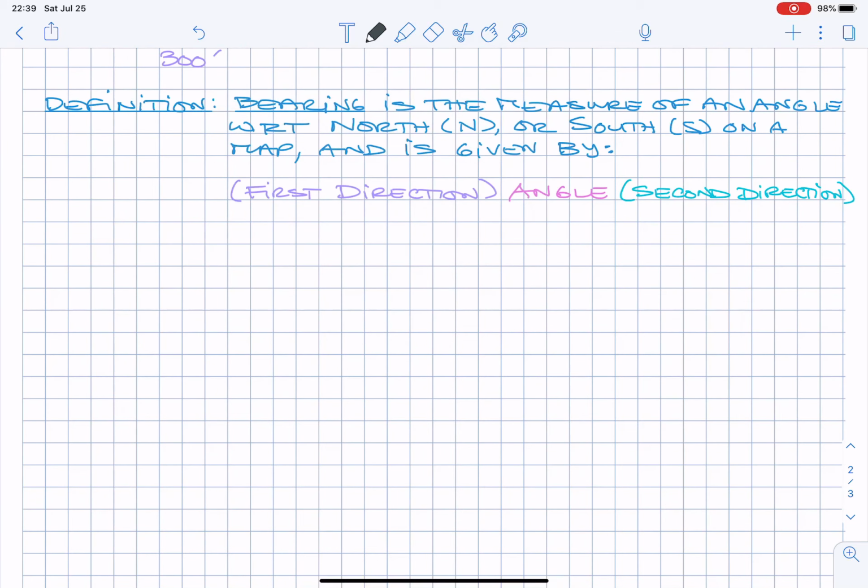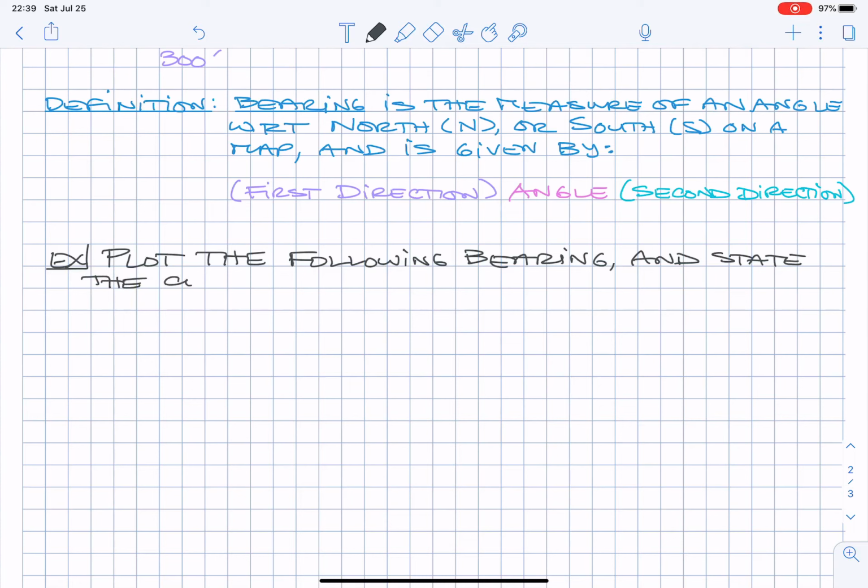Well, for example, let's plot the following bearings, and state the corresponding angle theta in standard position.